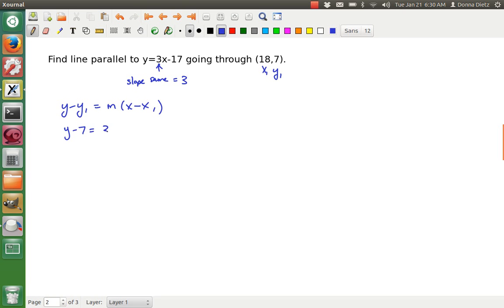Why am I doing it this way? I never do it this way. I always do mx plus b, but I'm done. I can train myself to do something different. If you do it the other way, y equals mx plus b format, you can just do it yourself and stop the video and see if this is what you get.